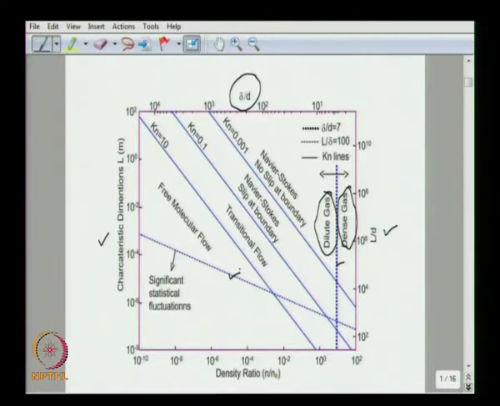Okay, earlier we looked at the continuum theory. We said that for liquid, if the characteristic length scale is greater than 10 nanometer, we can say that the flow is continuum, and for gas, if the characteristic size is greater than 1 micron, we can consider flow to be continuum. First we considered the point properties.